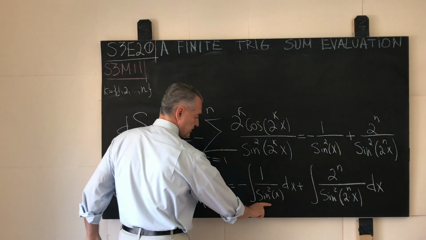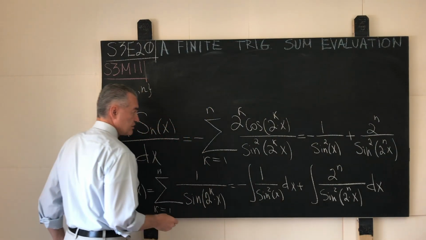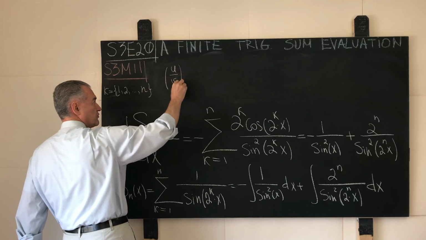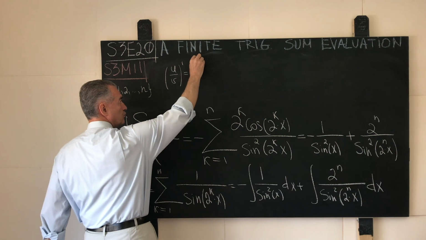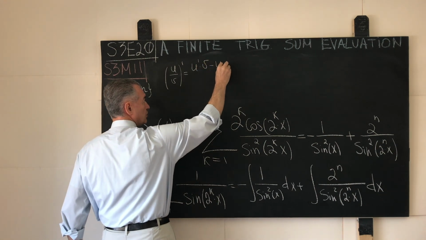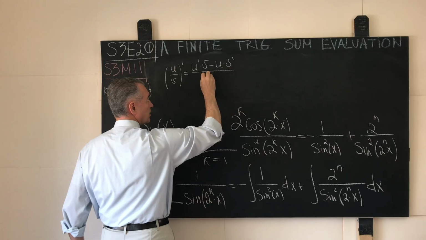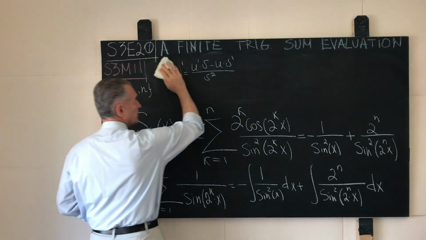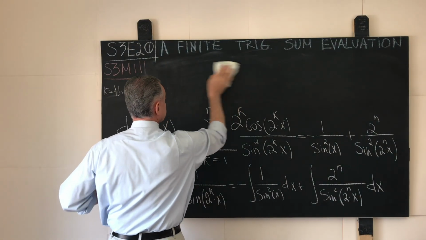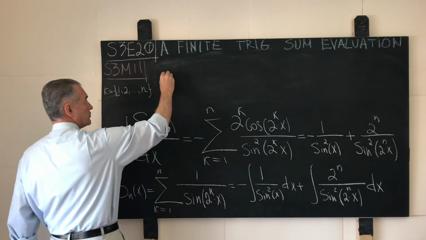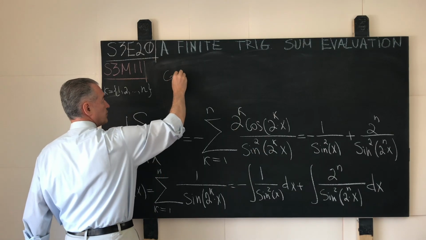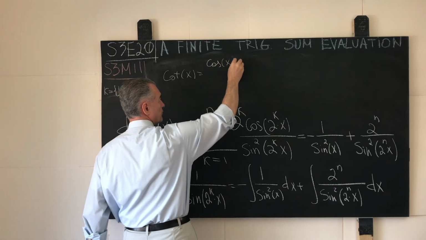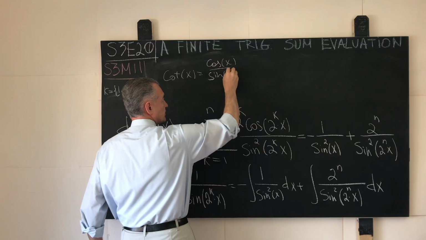If you do not remember the antiderivatives of these functions, then in general, you should remember the following u over v rule. This is u prime times v minus u times v prime divided by v squared. This is what we have. So if we take, for example, our favorite trigonometric function of cotangent, which can be represented as the ratio of cosine of x to sine of x.